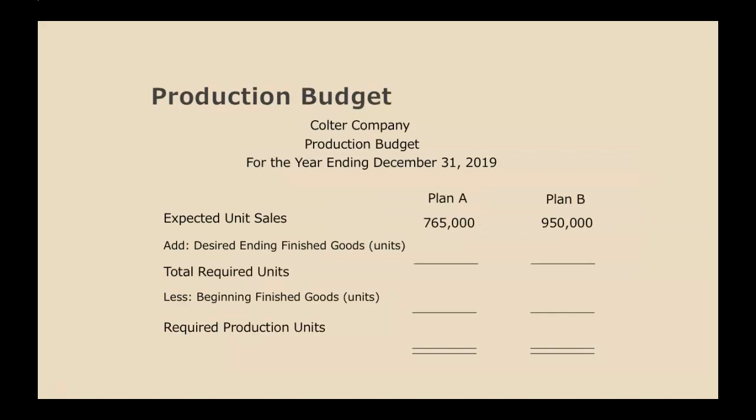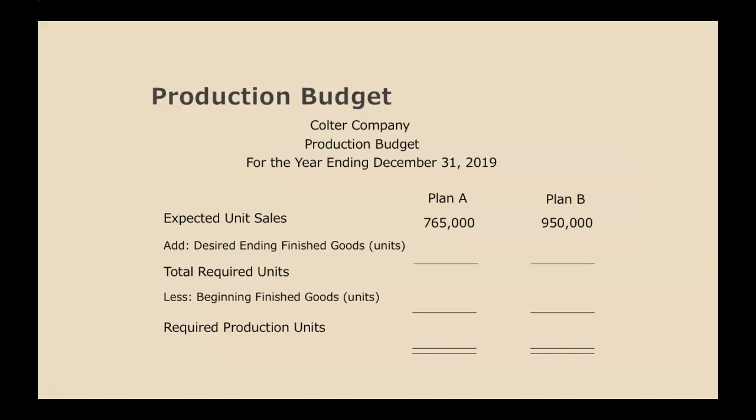So again, let's not talk about the numbers quite yet, and let's just talk about what goes on a production budget. So we start off with our expected unit sales, which we already found back when we did our sales budget, right? So we have the numbers already in there. Then we want to add in any amount for the desired ending finished goods in units, right?